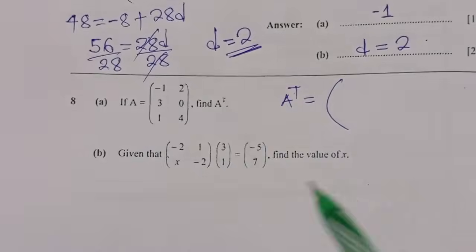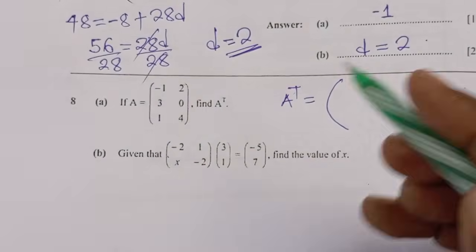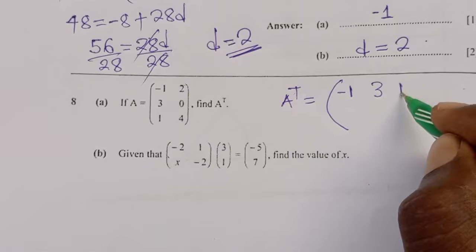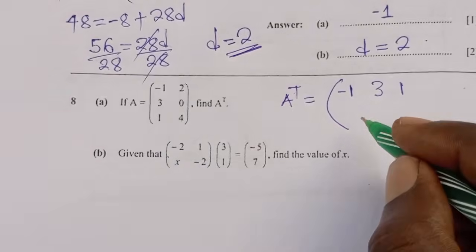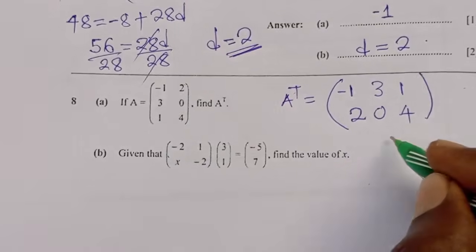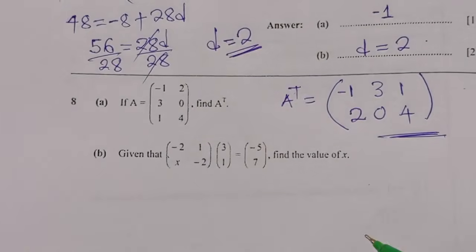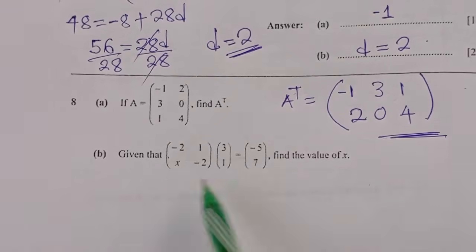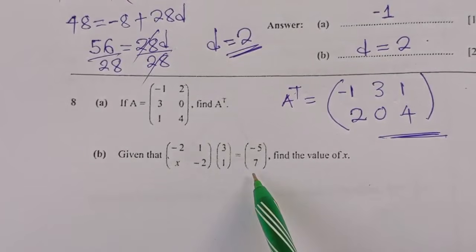You just change. This is a column, it will become a row: -1, 3, 1. This also goes down: 2, 0, 4. You are done like this. So you just switch: rows become columns, columns become rows. Just like that.